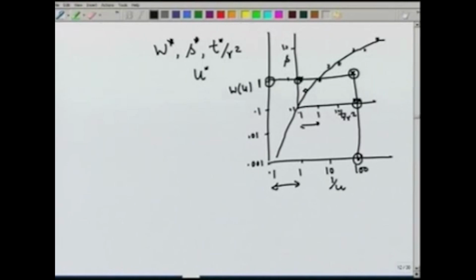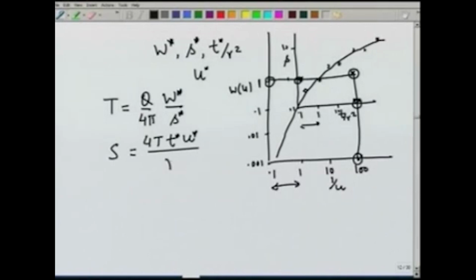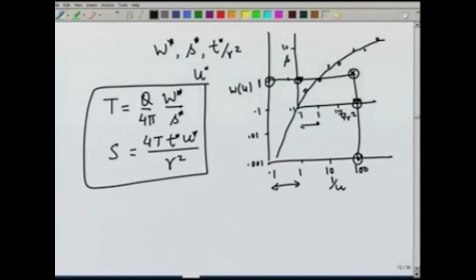And using these we can easily obtain the values of transmissivity as Q over 4 pi, and then the storage coefficient S, this is using the two equations which we had derived earlier.